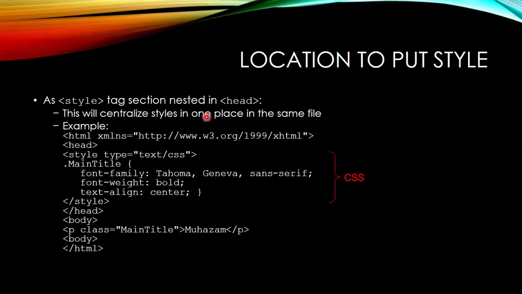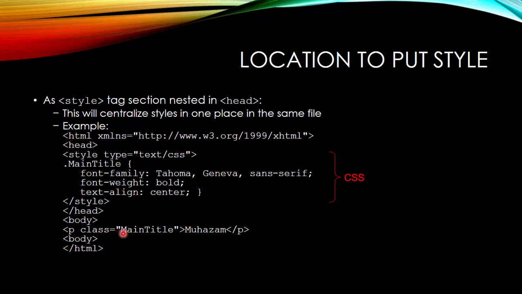In the previous slide, we put the CSS as style attribute. But that is not the only way to put CSS. We can also put CSS in the style tag. This will centralize the style or the CSS in one place for the same file. For example, we have this HTML file from here until here.